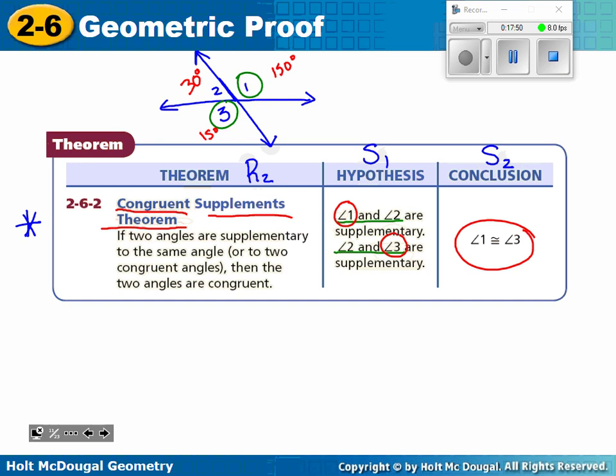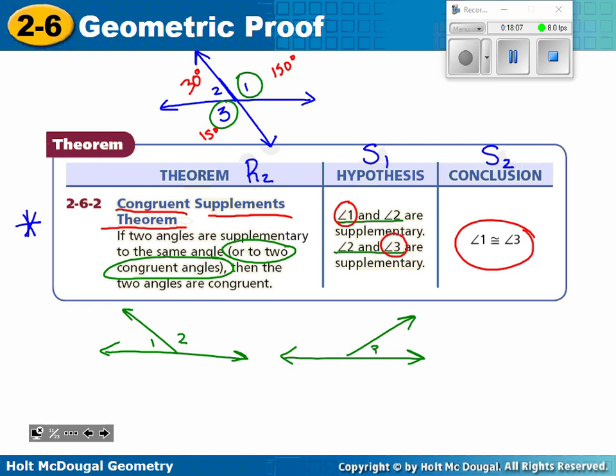Or, I want to emphasize this, it could be that they're supplementary to 2 congruent angles, so that the picture looks like this. Are 1 and 2 supplementary?